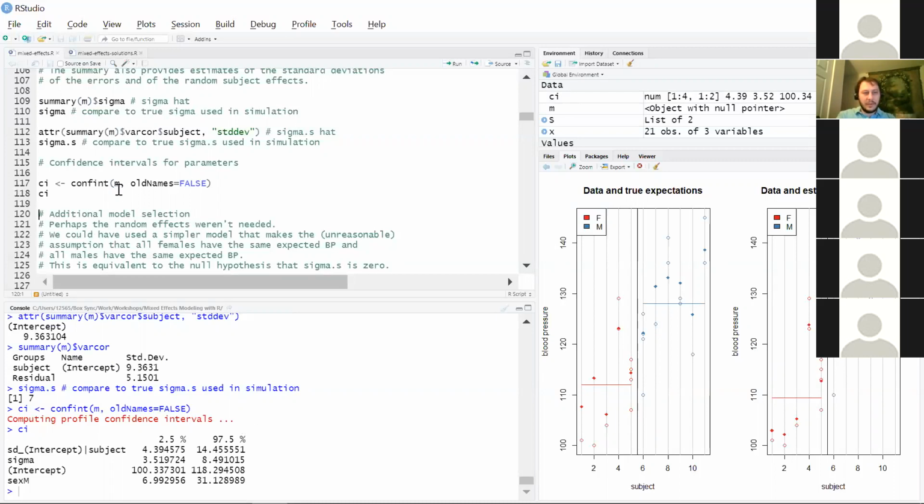Now, if you don't do oldNames equals FALSE, in my experience, what it shows you on the left-hand side here, it's hard to know what parameters it's talking about. So for some reason, that's necessary for this table to actually be sensibly labeled.